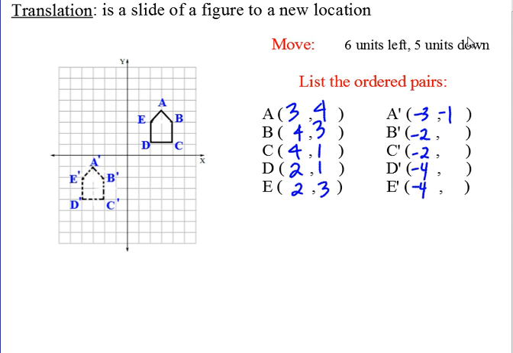The same thing is true for going down. Down would be negative, going up would be positive. So let's do that to the original y. 4 and a -5 gives us -1. 3 and a -5 is -2. 1 and a -5 is -4. Then we can fill these in as well. This gives us the ordered pairs and how to find them.